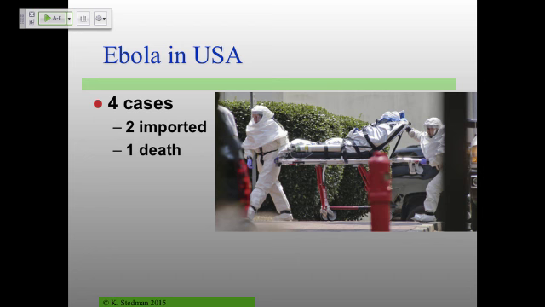Again, that's still a bit up in the air. And then there was another case of a doctor who'd been volunteering, who came back to the US and turned out to be Ebola positive, who admitted himself into the hospital. So he did exactly the right thing.